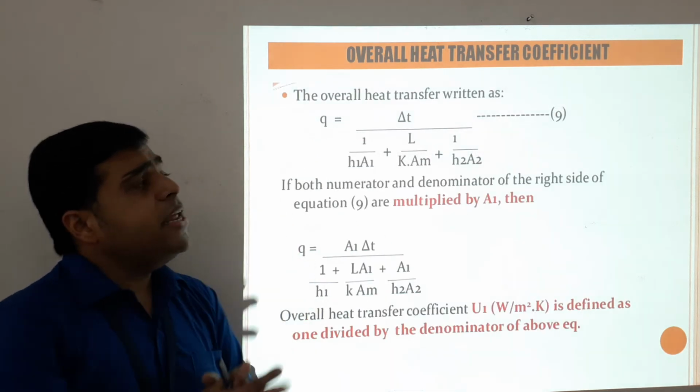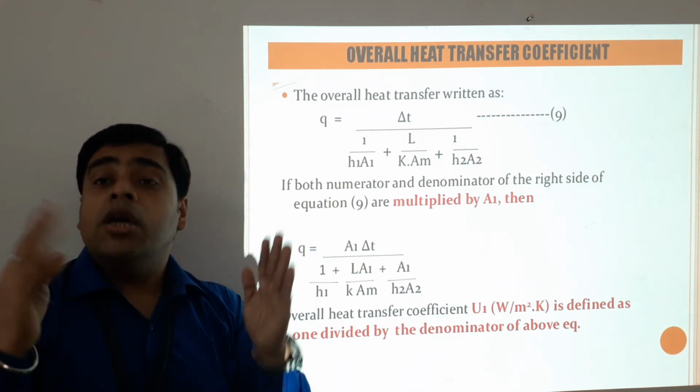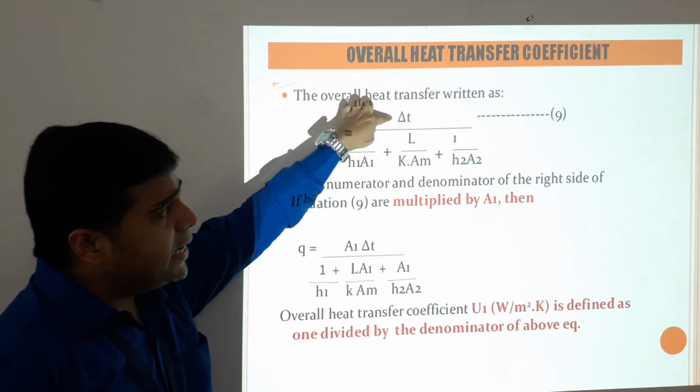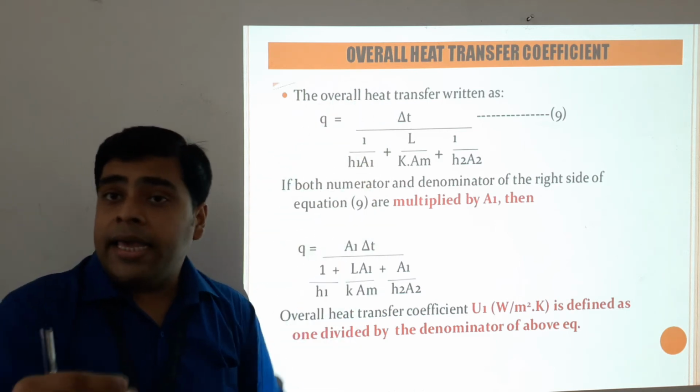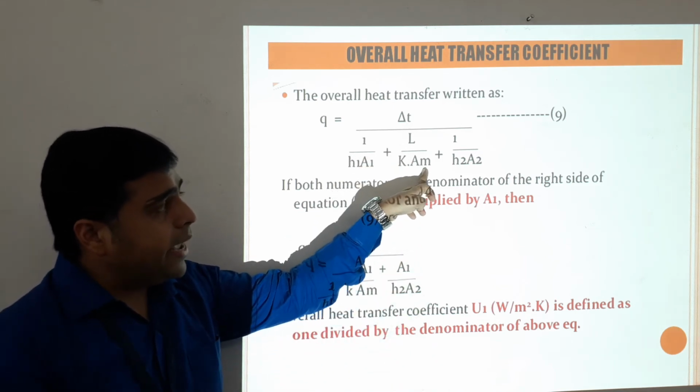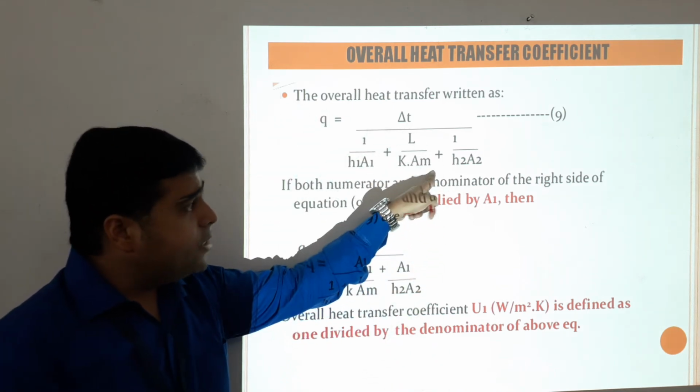So for the overall heat transfer coefficient, if we equate properly, then we can get Q is equal to delta T divided by 1 by H1A1 plus L by K into AM plus 1 by H2A2.